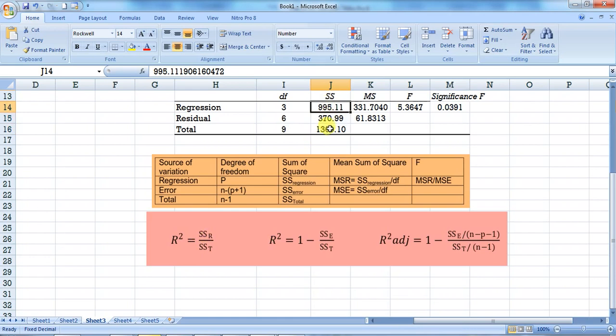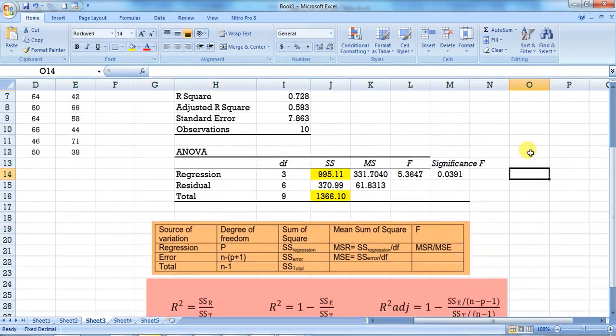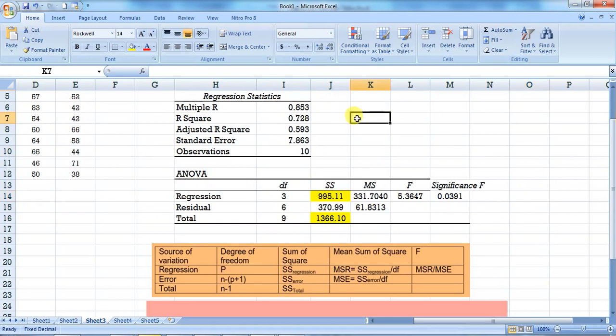So these two components we have to use. So R square can be calculated as 995 divided by 1366. So this is how we can calculate the R square.